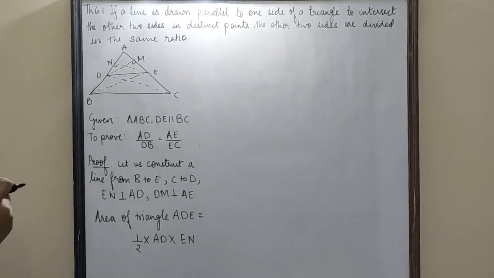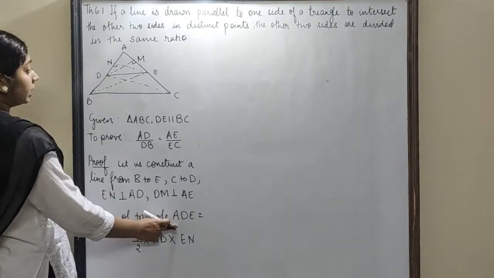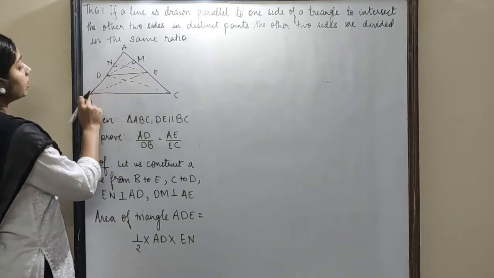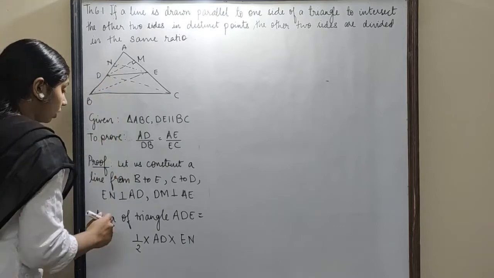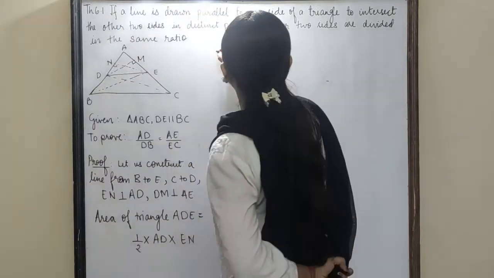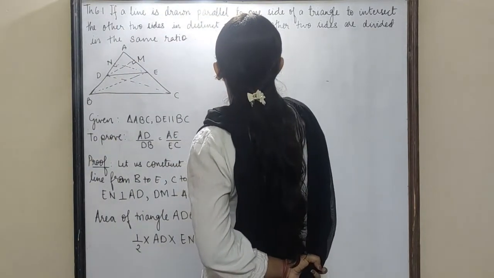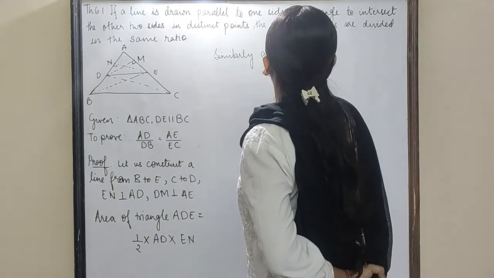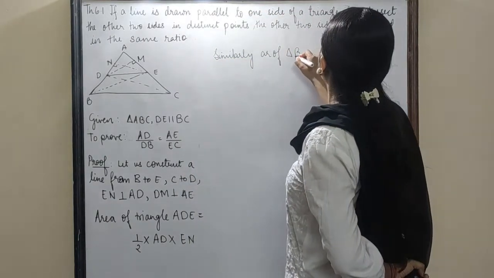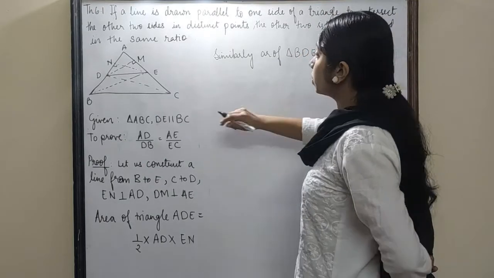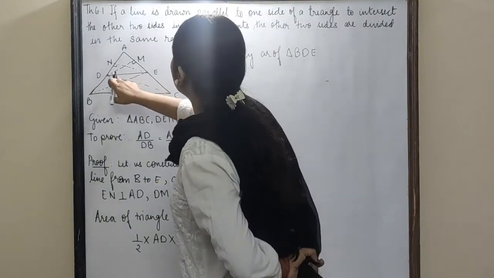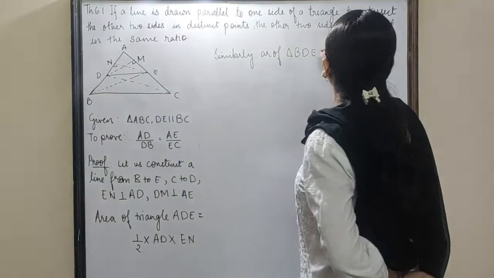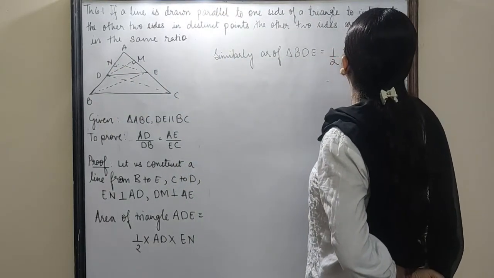Now, area of triangle ADE we have taken. We are going to take area of triangle BDE. This is BDE, this triangle. So over here, we will write similarly, area of triangle BDE is equals to, if this is BDE, naturally over here this line is extending and this is the height, so we are going to write half into base.